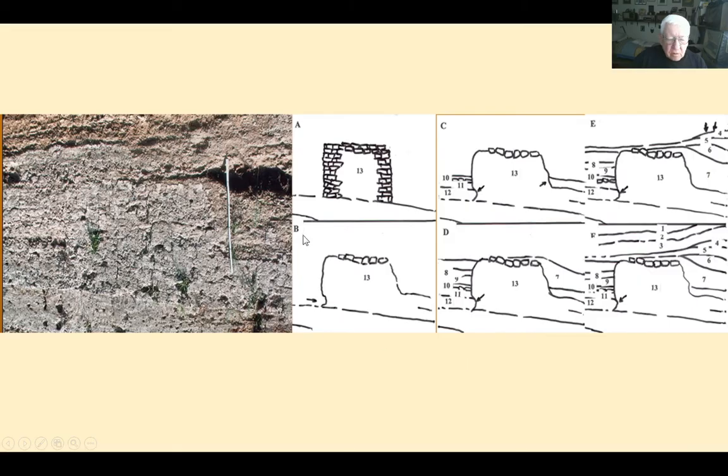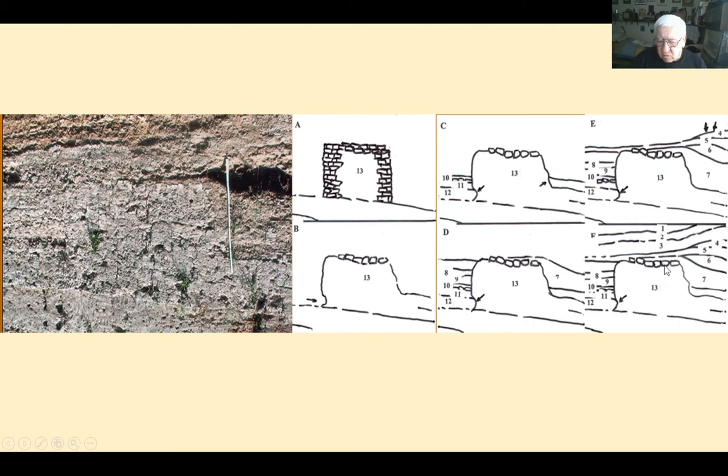This is an example of one of the walls discovered in the profiles of the central comb in Farkha, and after examination of the geology, this picture of the wall looks like this.